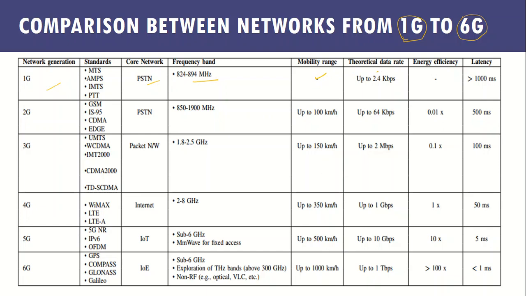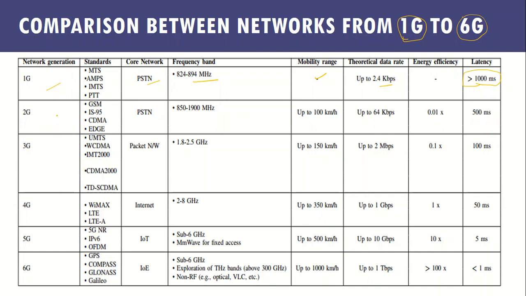The theoretical data rate was 2.4 kbps, kilobits per second, in the 1980s. Energy efficiency is 0, and latency was more than 1000 milliseconds at that time, in the 1980s.